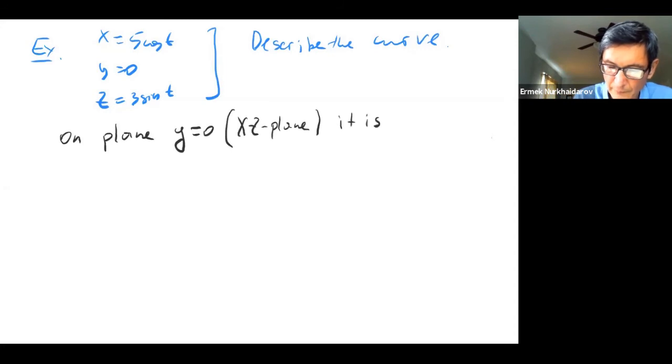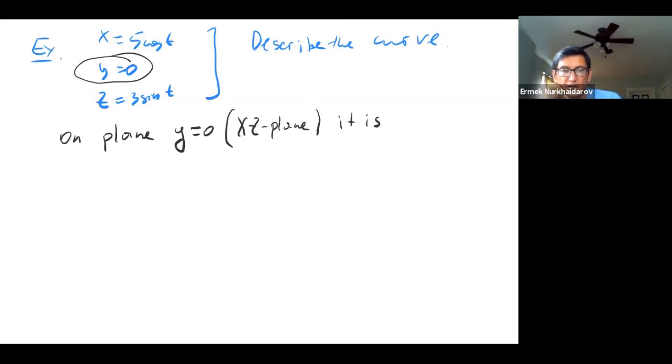And can you recognize what kind of curve this one is? For now just ignore that part which says y equals 0, because it's constant. It's taken care of by saying plane y equals 0.